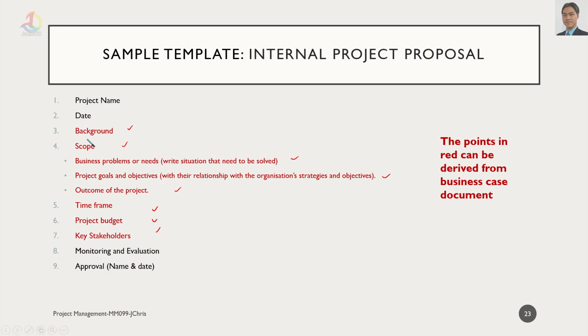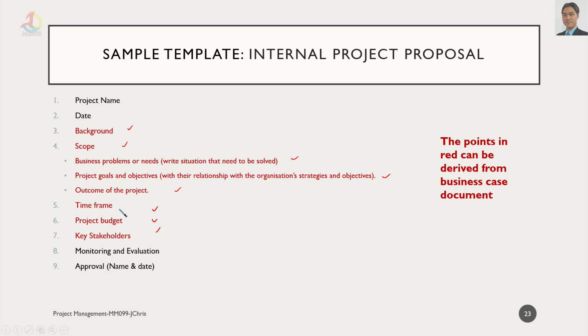This is just informational. Background and scope, the business problem or needs, the situation. So you can derive this part from the business case. If we already create a good business case document, then we just need to use a different kind of language here, but essentially it's the same.